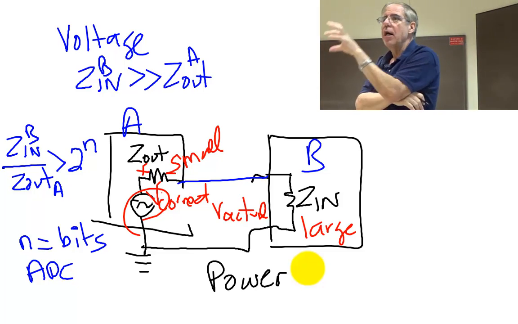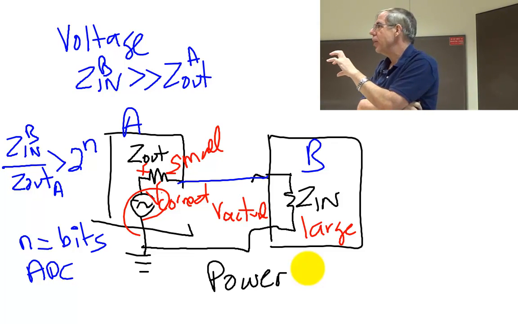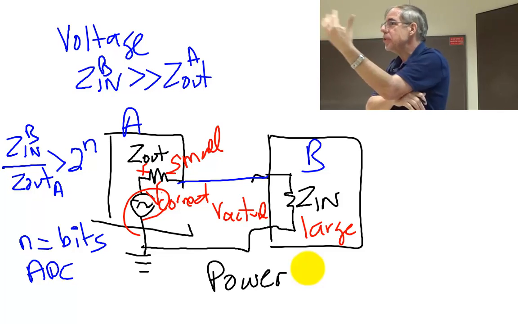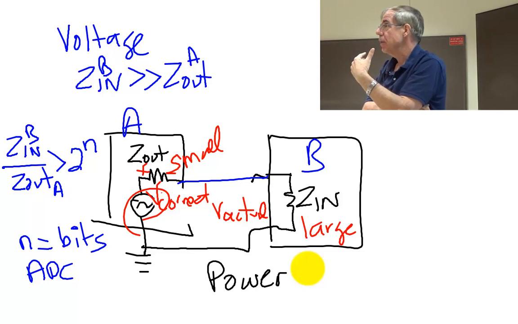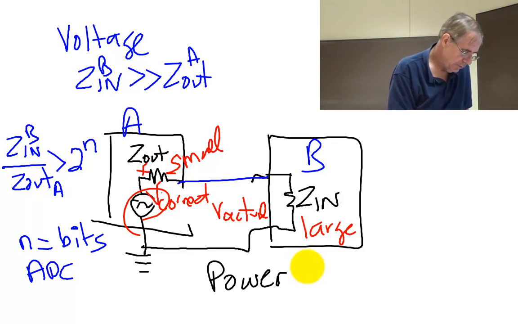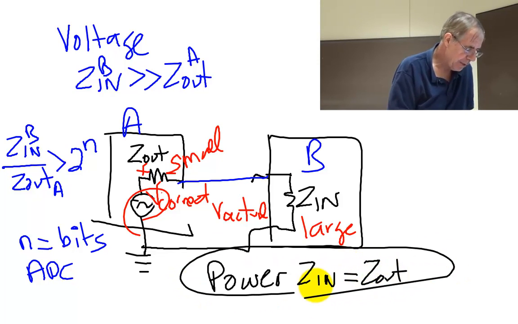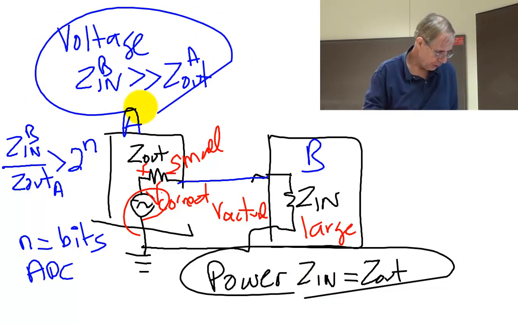If I have two modules and I want to transfer energy from A to B, like I'm trying to get electrical power from Houston to Austin, across a distance, what do I do with the impedances? I make them the same, it turns out. But we don't ever do that, because that's for transferring power. We're going to do it this way. All right. We're going to transfer voltage.